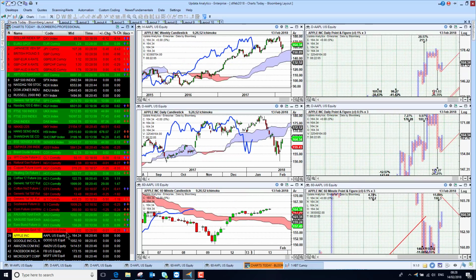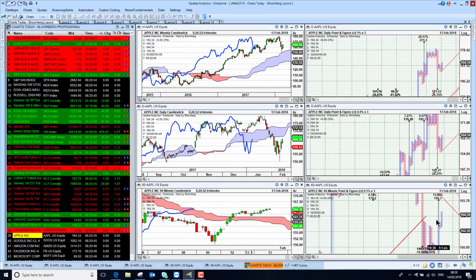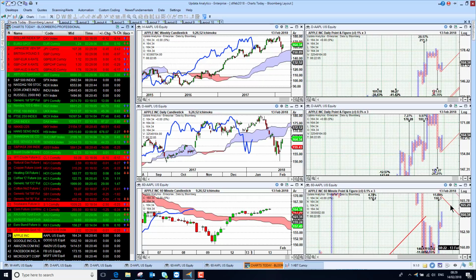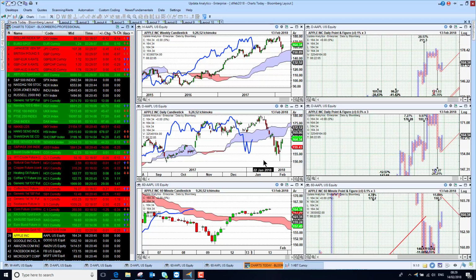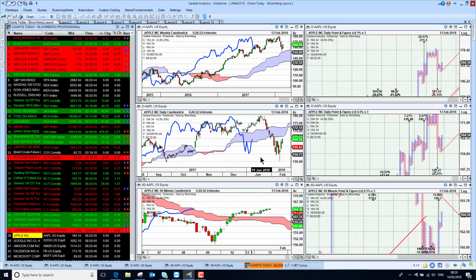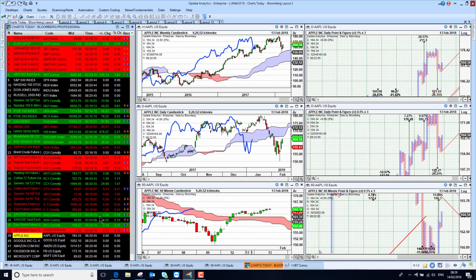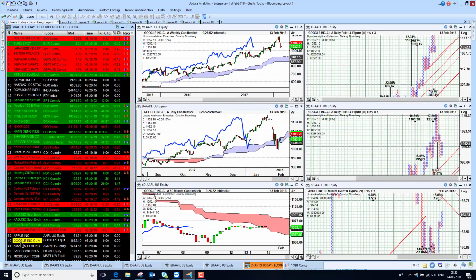Apple yesterday recovered very strongly, and we're seeing this upside target of 15% now activated to $190. But on the medium term, we've got some turmoil here. We're still not above the cloud, and we do have this downside target hanging over us on both the long and medium term charts of about 26% downside. So a very mixed picture there for Apple, one to watch.